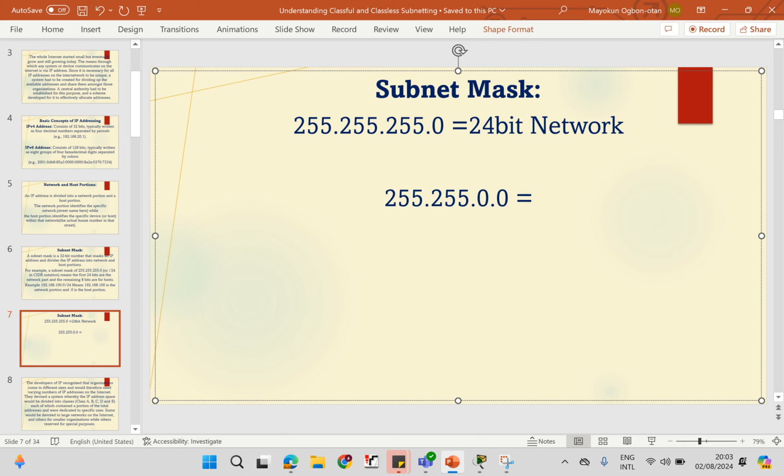What happens? What will be the network and what will be the host? The network is the 255.255.0. Why the last zero is the host? Okay. Now, that is incorrect. That is not correct. Your network is those places that has 255.